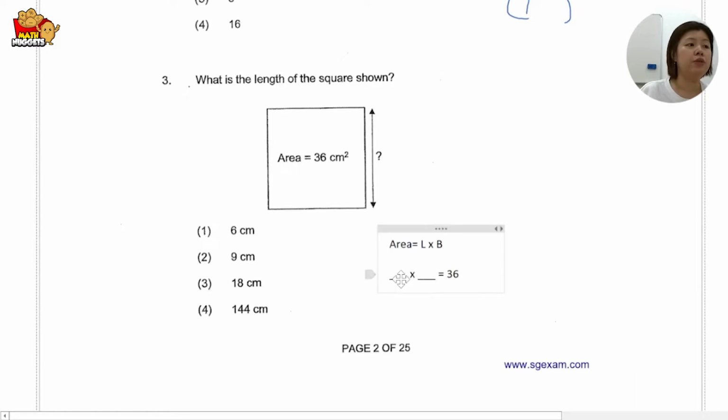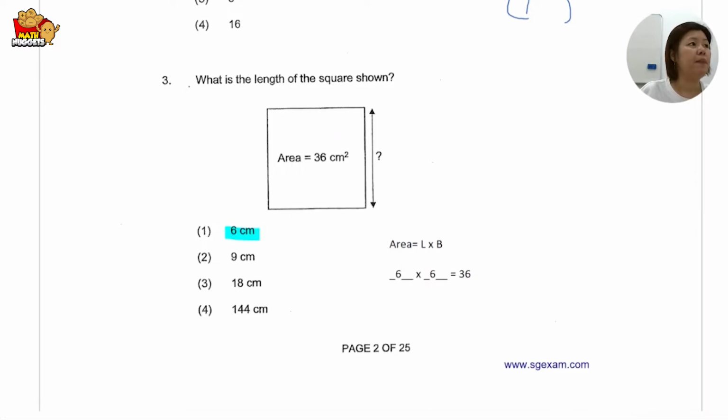What times what equals to 36? If I pick 5, it will be 5 times 5, but it will give me 25 instead. So I have to move on. If it's 6, just nice, 6 times 6. It should give me 36. So my option is number 1, 6 cm.